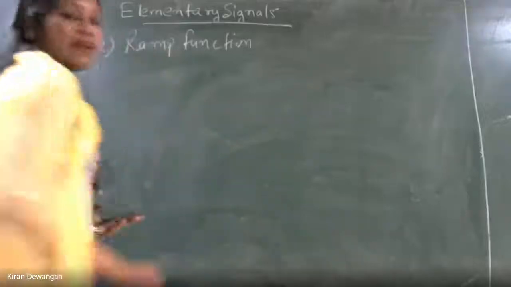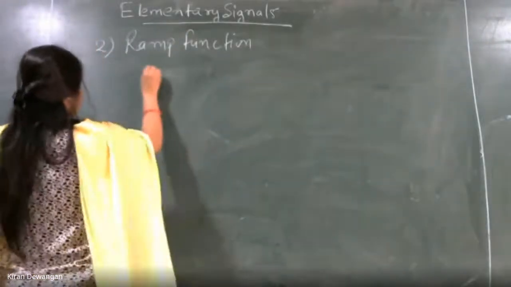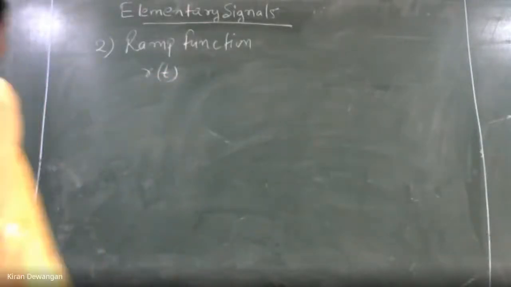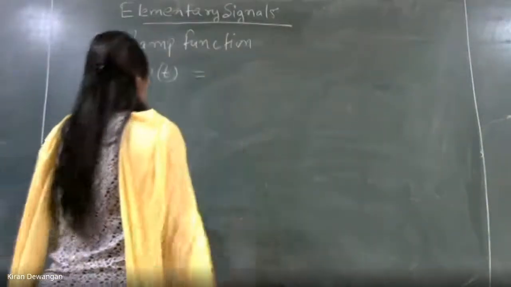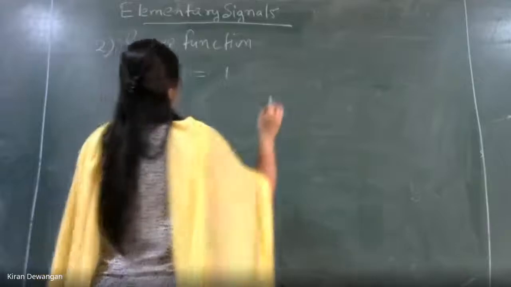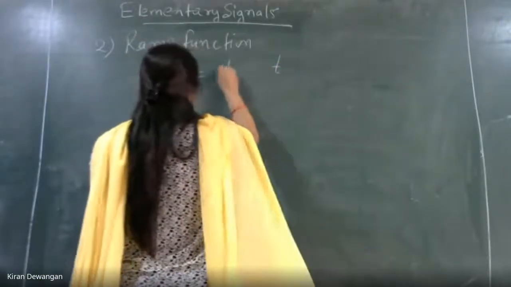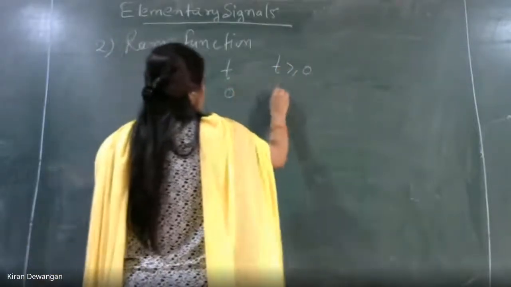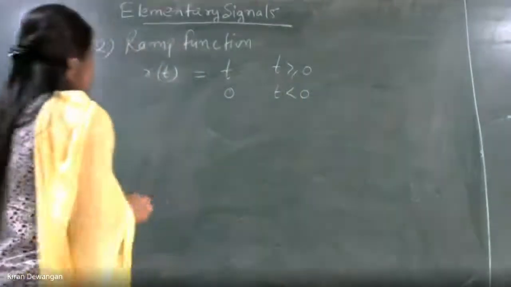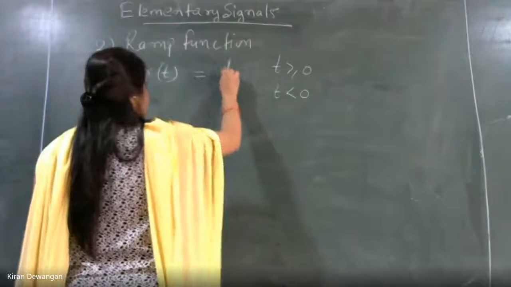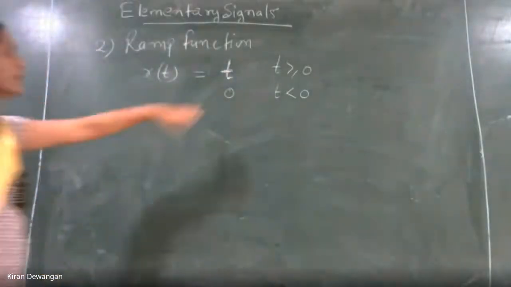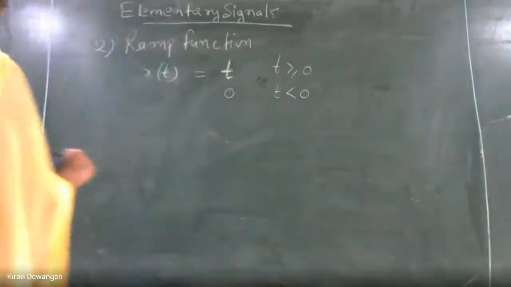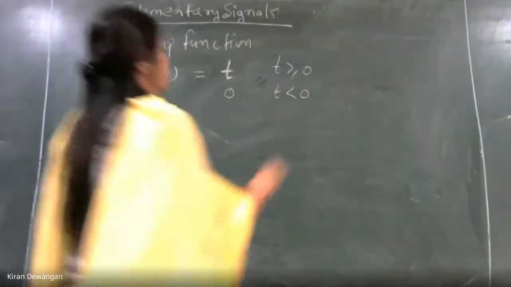Now the ramp function is represented by r(t), and it is defined as t, for t greater than or equal to 0, and it is 0 for t less than 0. r(t) is just t. Okay? So that is how we define our ramp function.